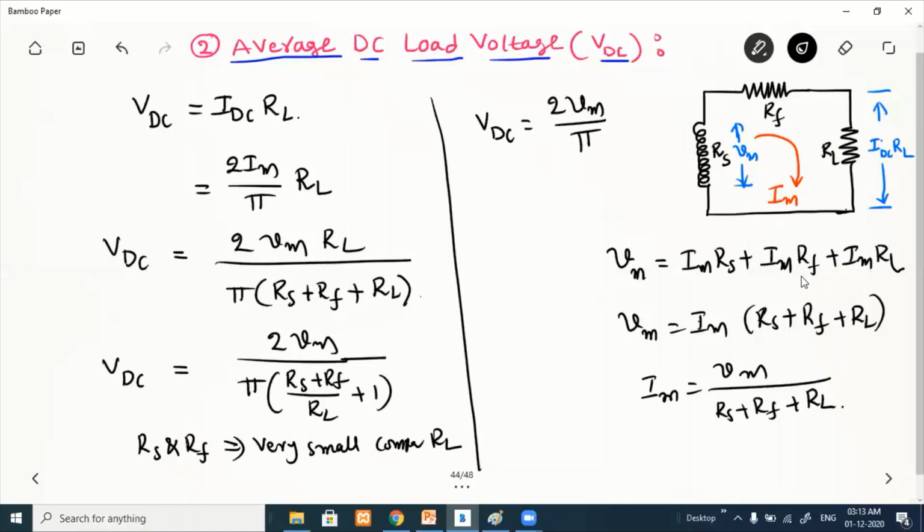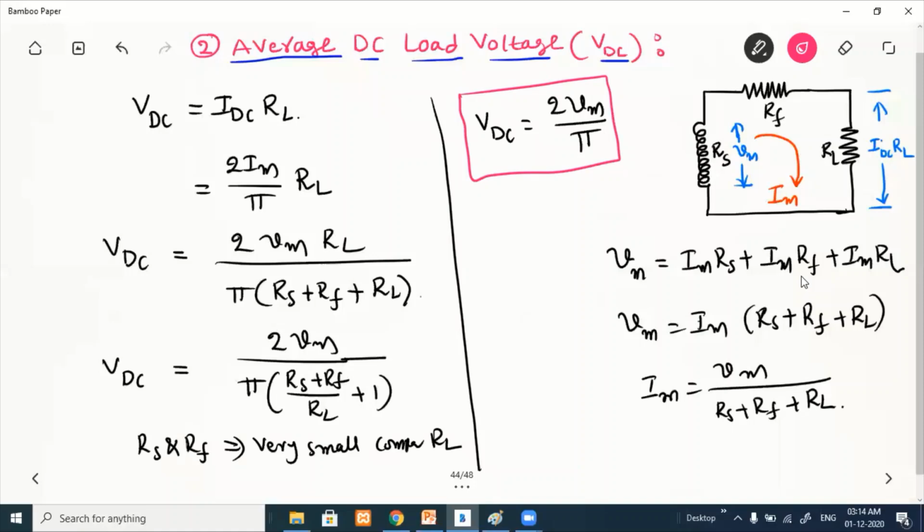That is the final expression for VDC. As we neglected RS and RF, only then we are getting VDC equal to 2VM by pi. Means we never used this equation directly; we get this one after neglecting RS and RF.